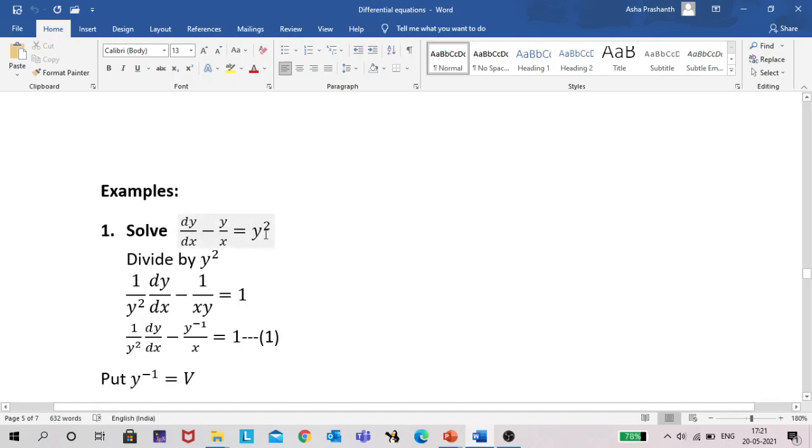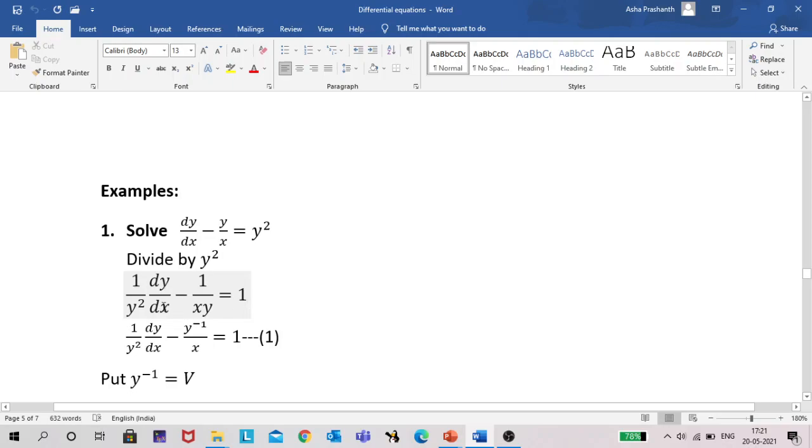The whole equation is divided by y square. Here the q coefficient is y square, so divide the equation by y square. What will I get? 1 by y square into dy by dx minus y by x y square. Y gets cancelled, I'll get 1 by xy is equal to y square by y square, which is 1.